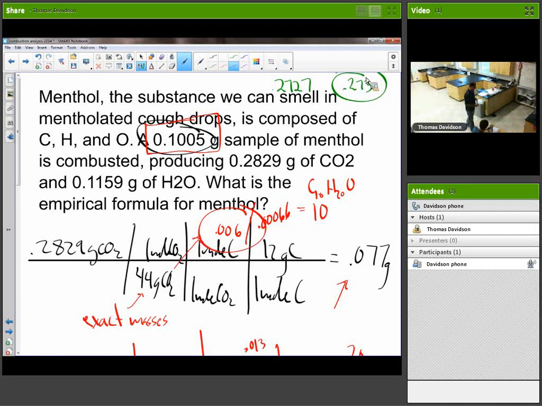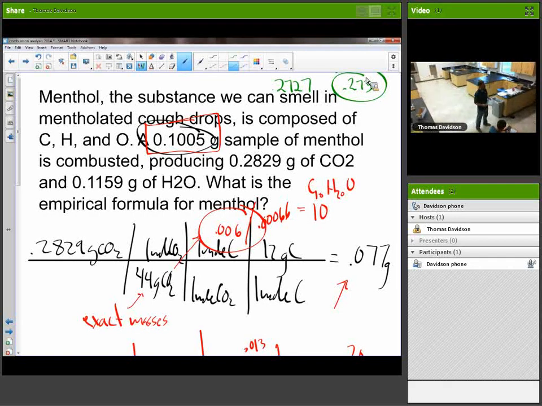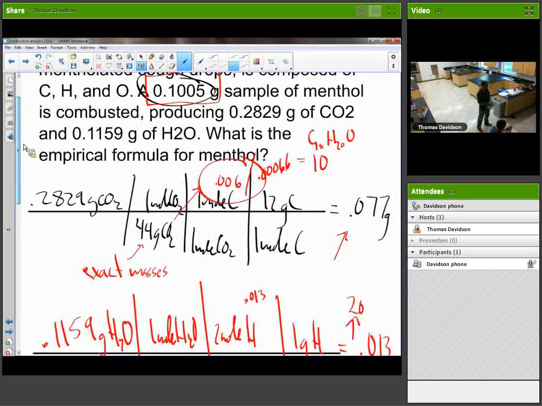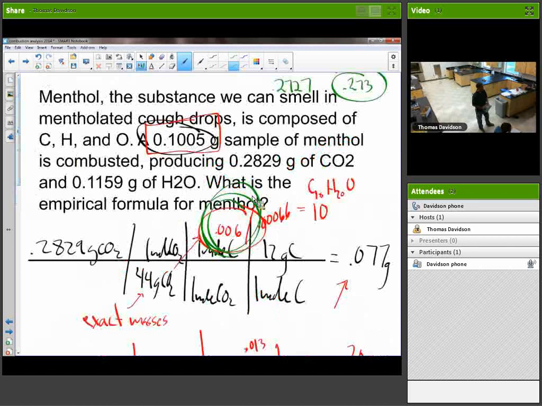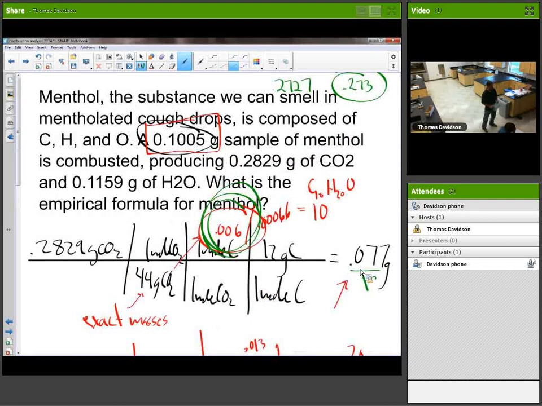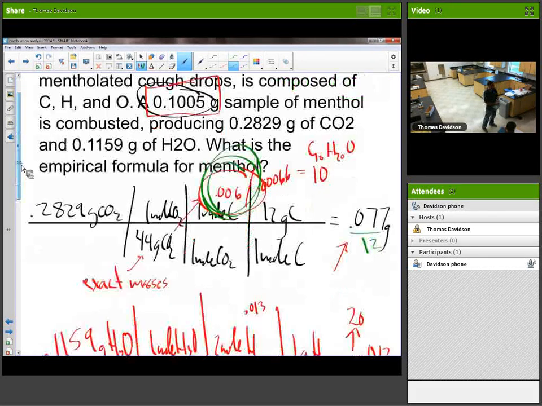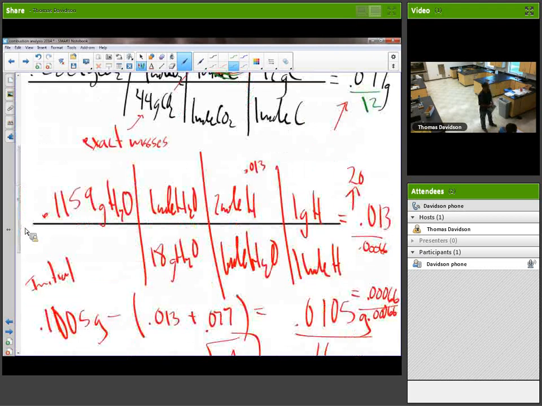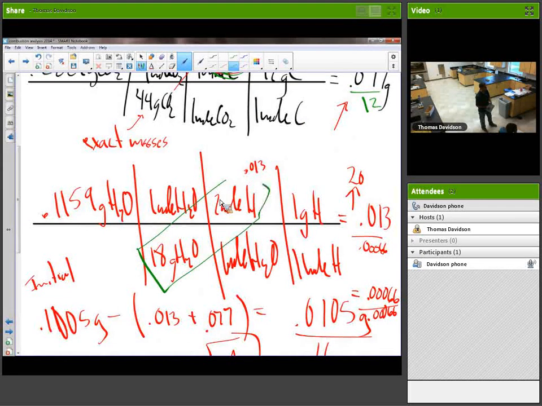All right. So the same idea works for hydrogen, but if you listen to Emily, she said, well, you got to get this anyway. And that's a true fact. So if you do the shortcut, that'll get you your grams. Do remember that these have to be divided by 12. Same with hydrogen, but it's going to be easy because it's just ones. So hydrogen, to find that from water, you just multiply it by 1 divided by 9.